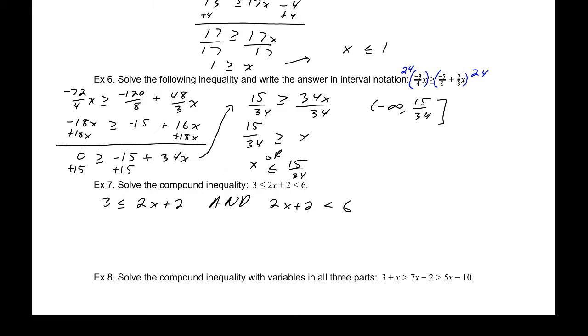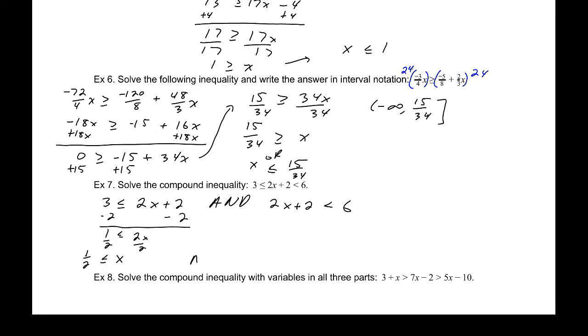For the first, we'll subtract 2. So 1 is less than or equal to 2x, which means that 1/2 is less than or equal to x.